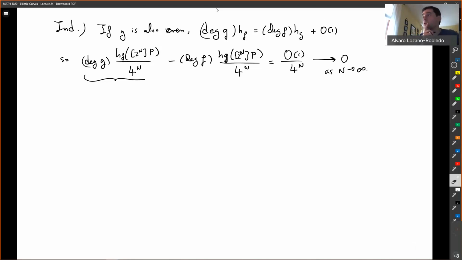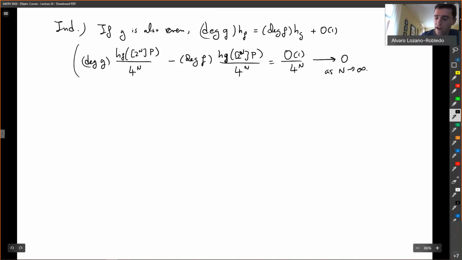I should also divide. Actually, to get everything on the nose, I should also divide everything by 1 over degree of g, degree of f, and then there's also going to be here 1 over degree g times degree f. This is still going to go to 0.